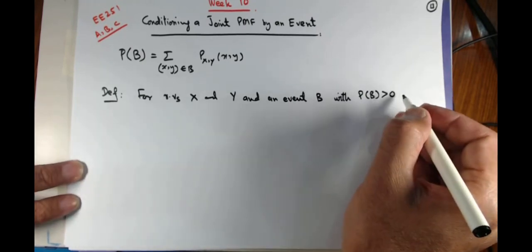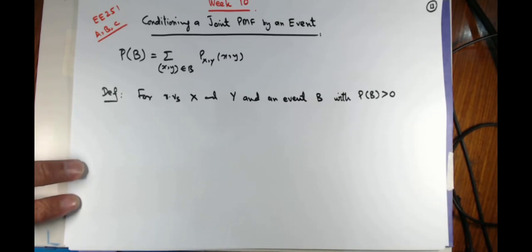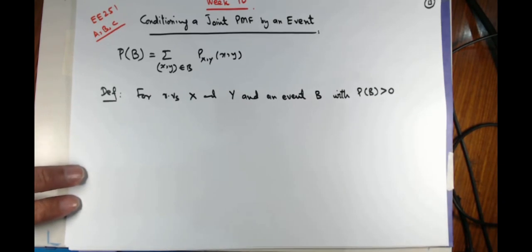It has to be greater than 0, because if the probability of the conditioning event is 0, it is simply nonsense to talk of conditional probability. So the probability of a conditioning event has to be greater than 0 to have meaningful conditional distributions.